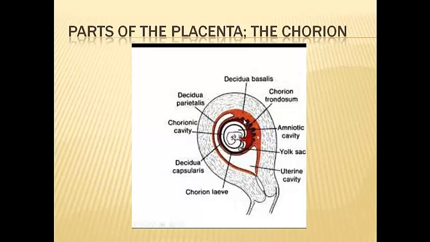The part of the chorion that has the villi extending out of it is called the chorion frondosum. The other part of the chorion, which I mentioned last time as just being the chorion, is the part that is smooth and has no villi coming out of it. The one that is found opposite to the developing embryo is called the chorion laeve.